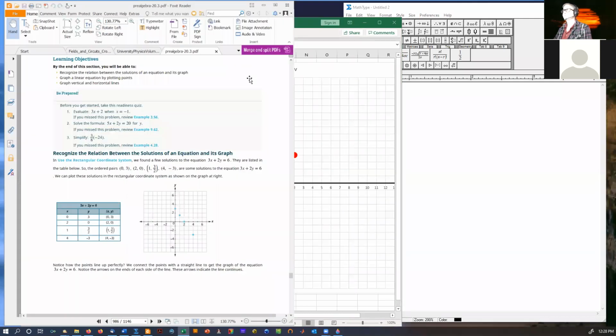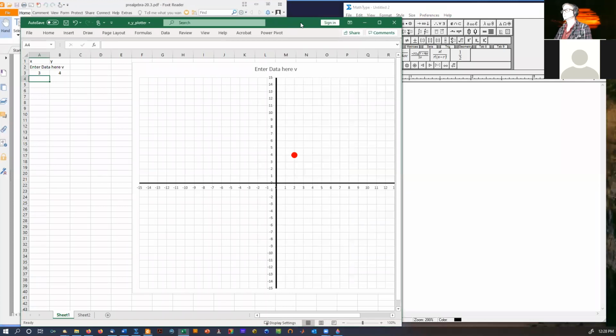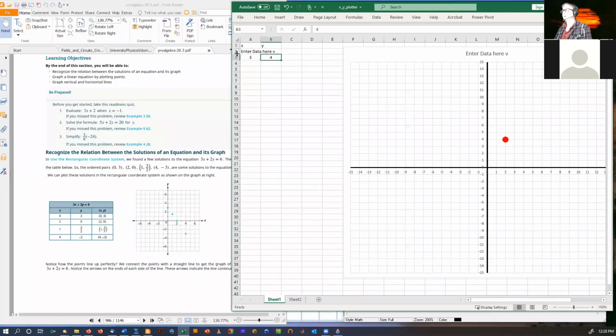Here's Excel. And so the equation was 3x plus 2y equals 6. And we would sit and try and find values of x and y that solve that equation.